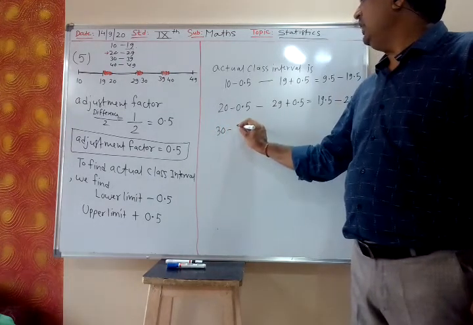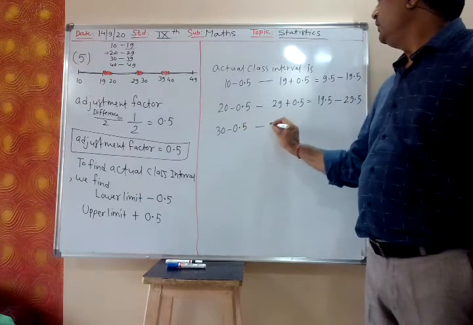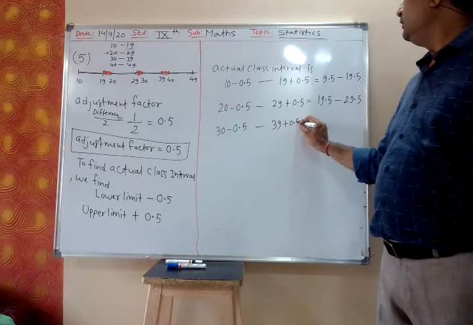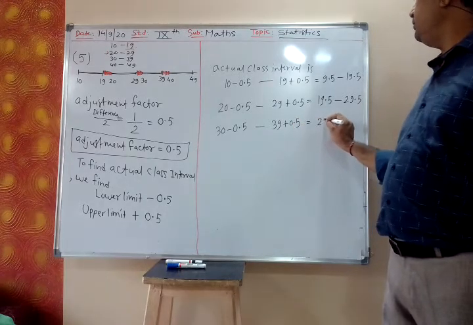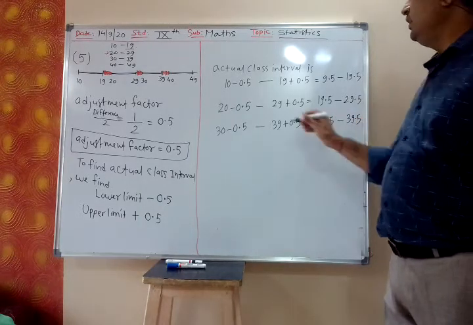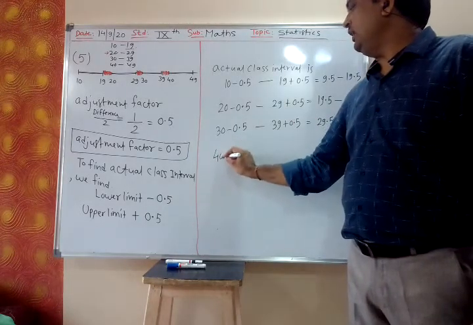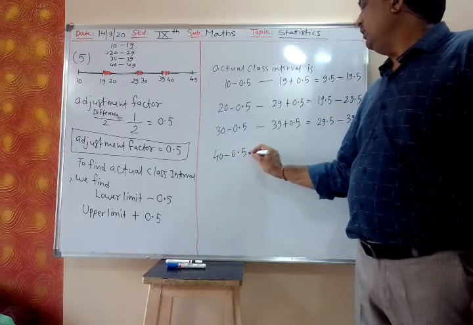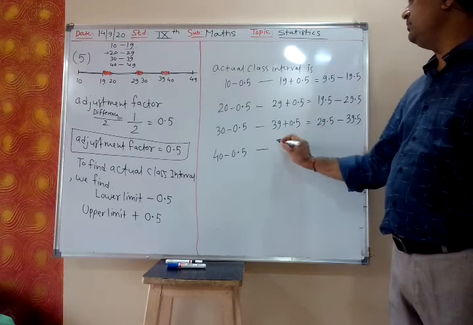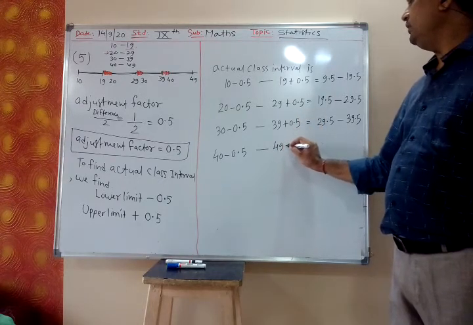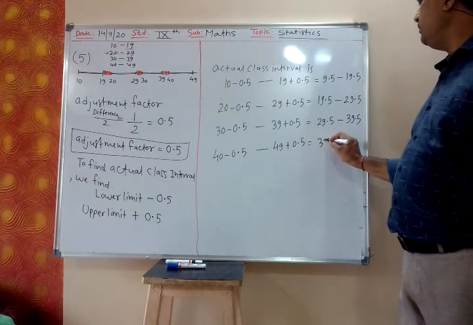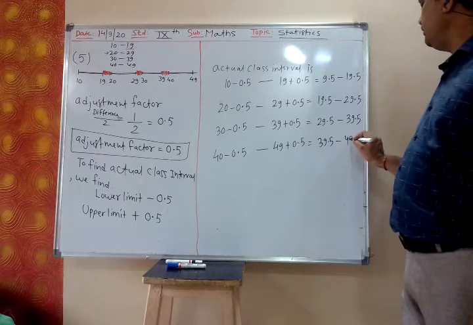To 30 I will subtract 0.5, then to 39 I will add 0.5. So that is 29.5 to 39.5. Next, 40 to 49: 40 minus 0.5 and 49 plus 0.5. So that is 39.5 to 49.5.